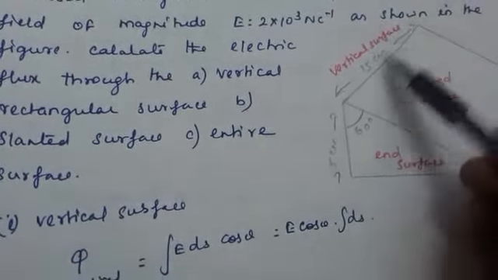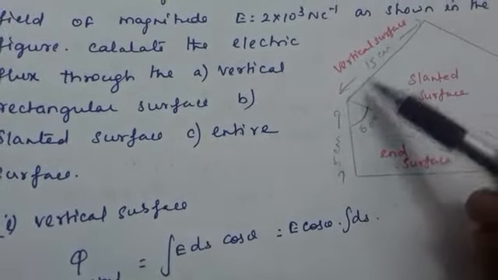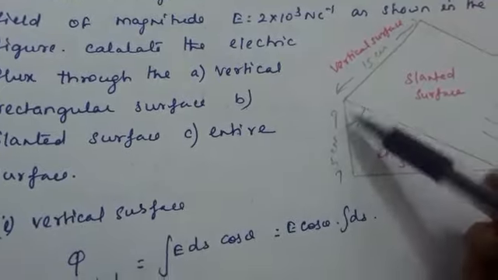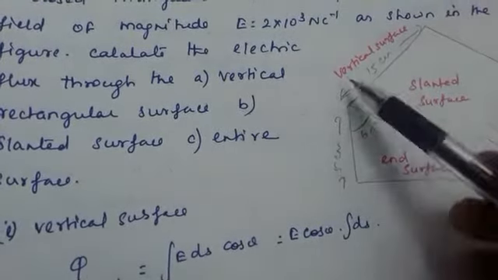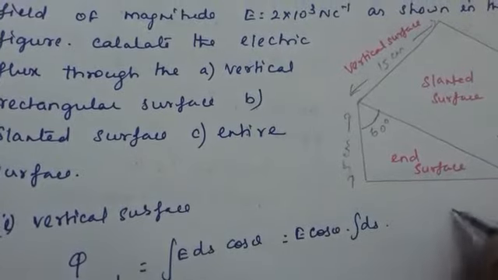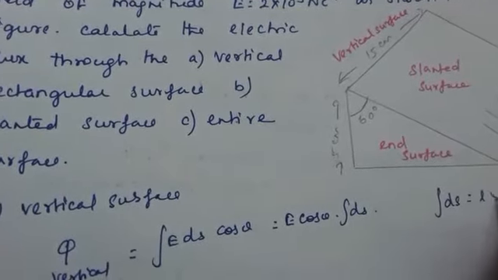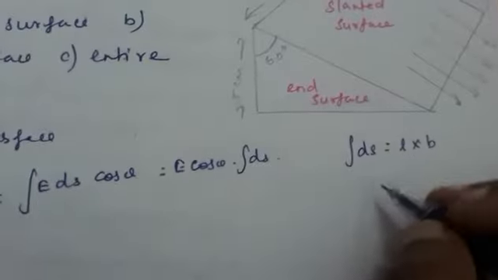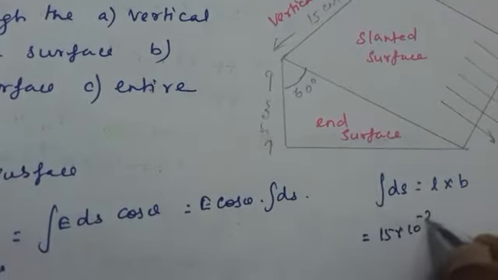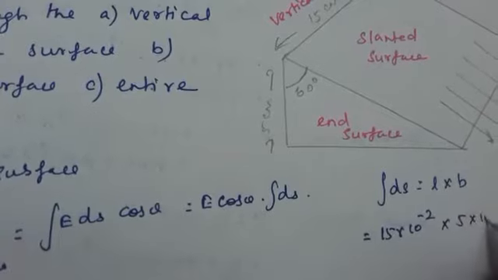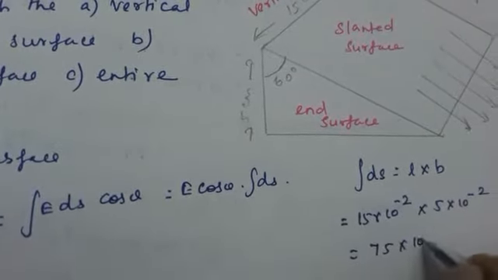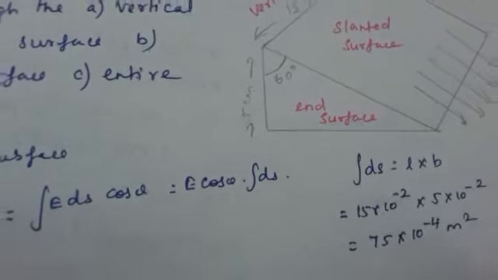Here the vertical surface is a rectangular surface with length 15 centimeter and breadth 5 centimeter. So integral ds is equal to length into breadth, that is 15 × 10^-2 into 5 × 10^-2, which is 75 × 10^-4 meter squared.